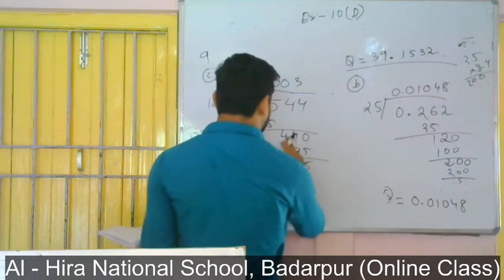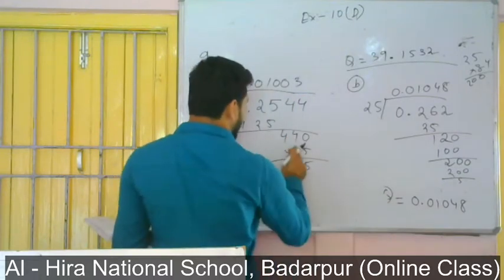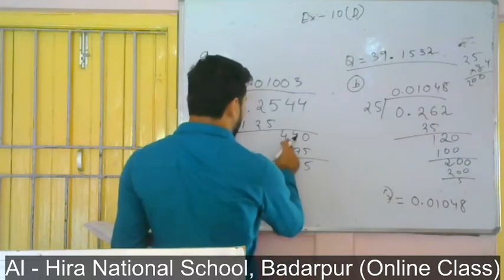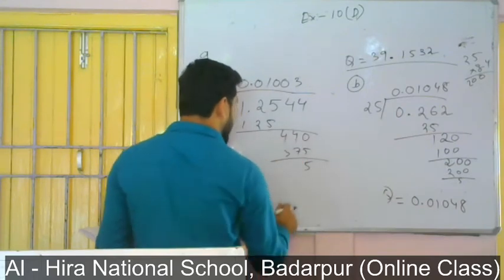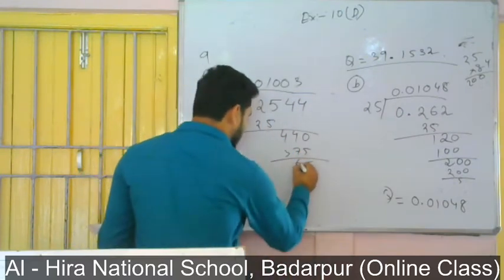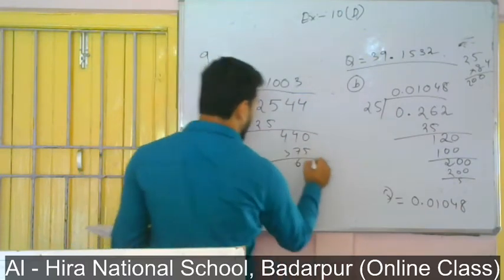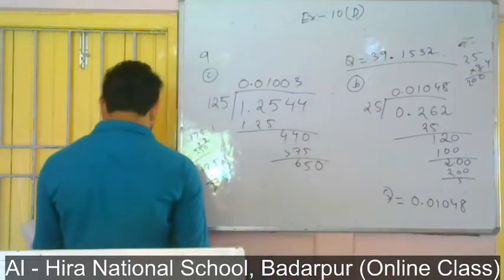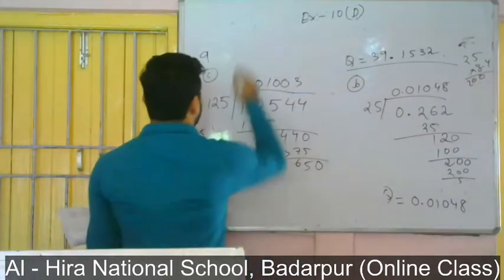Here remain 13. 13 minus 7, it will be what? I'll take again 1 from here, so it will become 13. 13 minus 7, 6, 65. So point is there, we'll put 0.